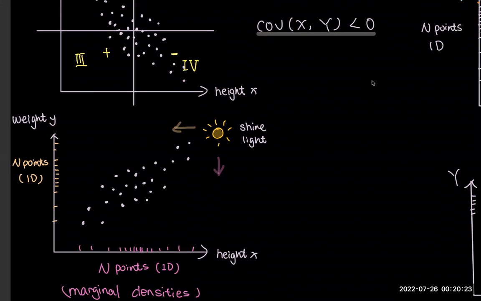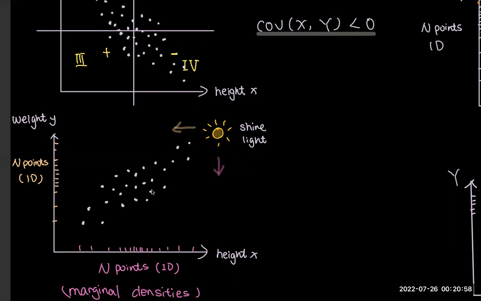We know that the variance of x plus y equals the variance of x plus the variance of y plus 2 times the covariance of x and y. Now if you again look at the population of n points, say n is 300 million, imagine that you want to know the marginal distribution for x. You can shed light and project all the points onto the x-axis, and then you get 300 million points on this axis.